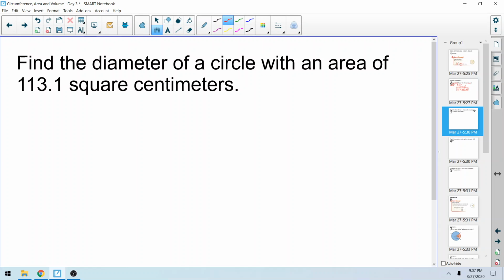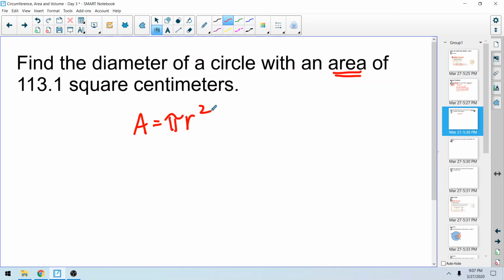Next one, find the diameter of a circle with an area of 113.1 square centimeters. Once again, they're using this word area, so I'm going to write the formula. Area equals pi r squared.